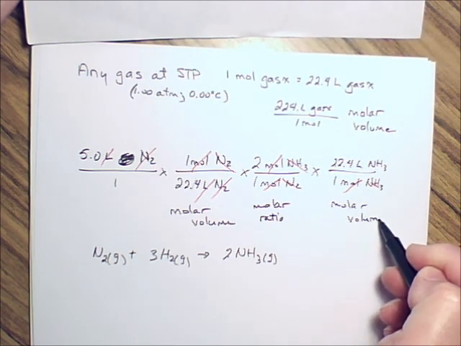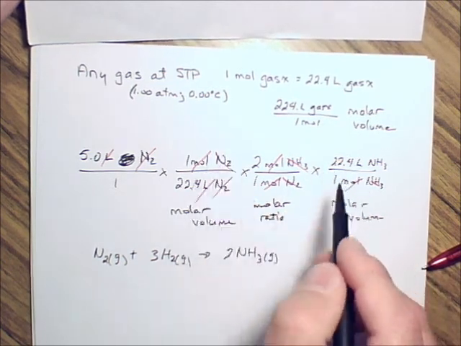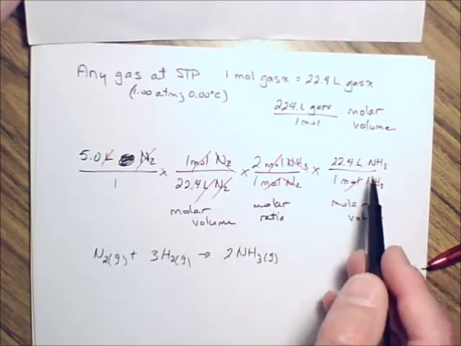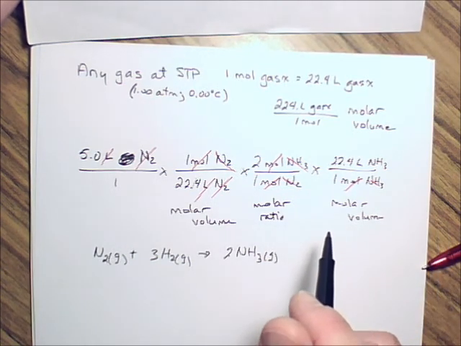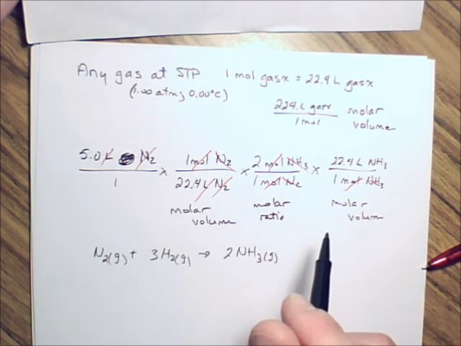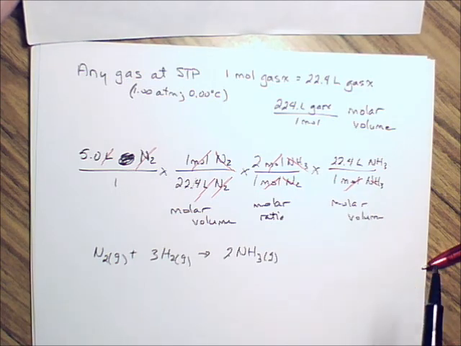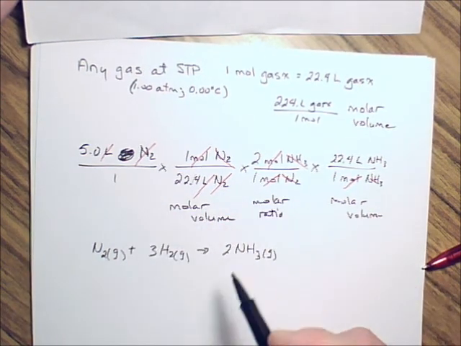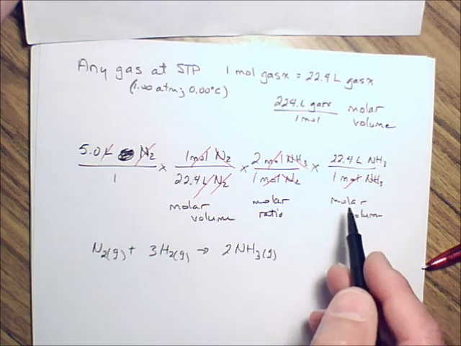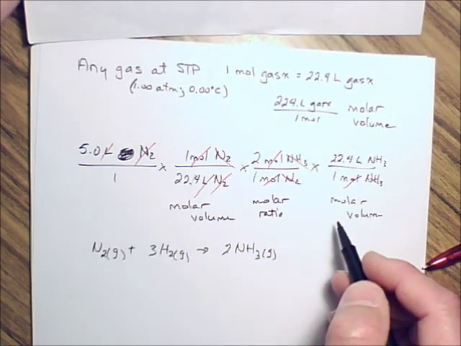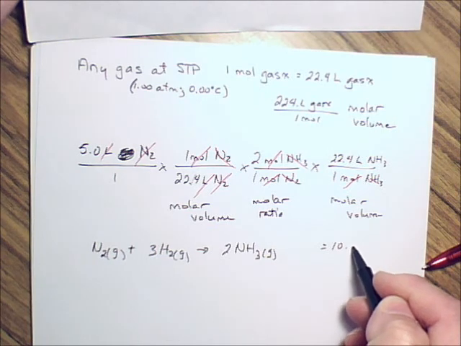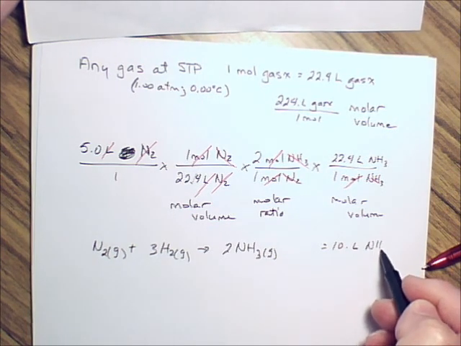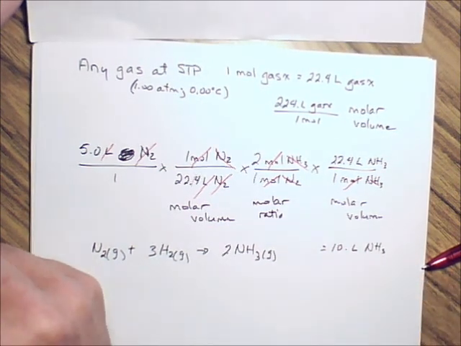Notice the numerical values are just flipped here. This one and this one look the same. I got a different species, but the numbers and units of measurement are flipped. Does that make sense? If I do the math, I'm going to have the volume of the other gas, and it turns out to be 10 liters of NH3.